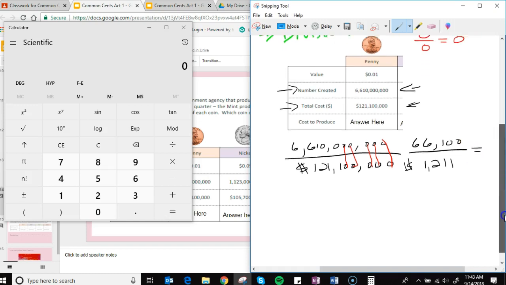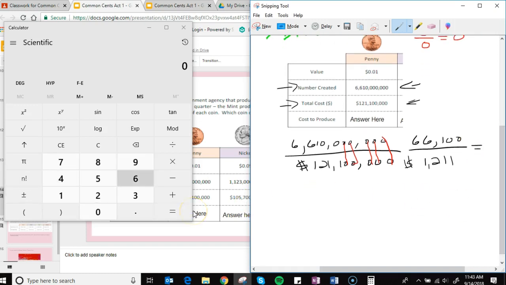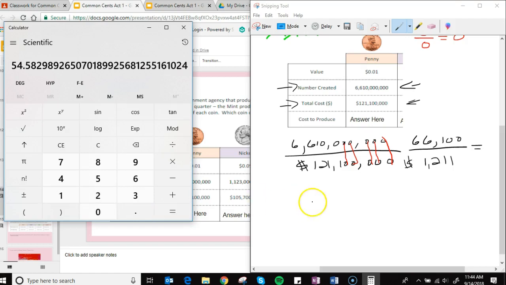Then we used our calculators. 66,100 divided by 1,211 equals that. And that was kind of a fun number. We had to think about it for a minute.